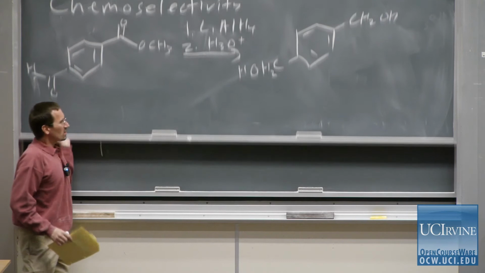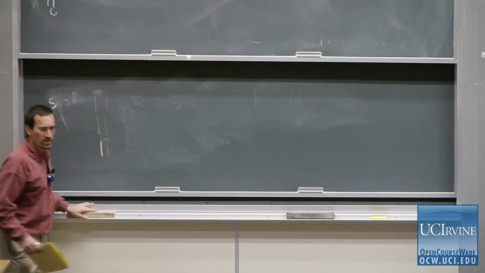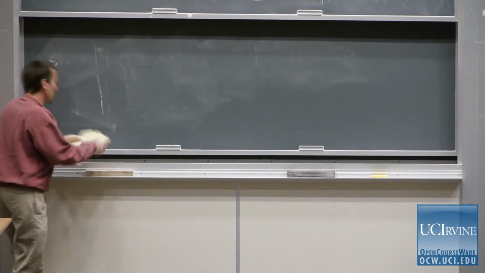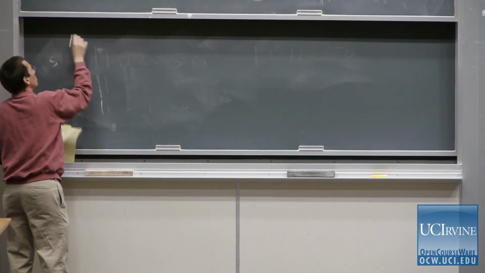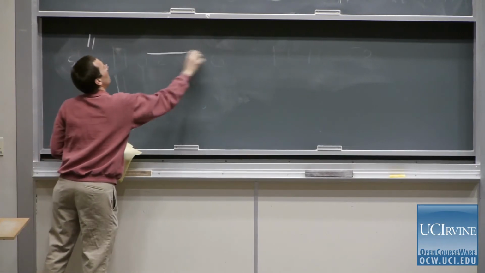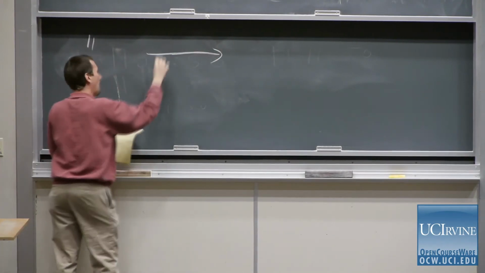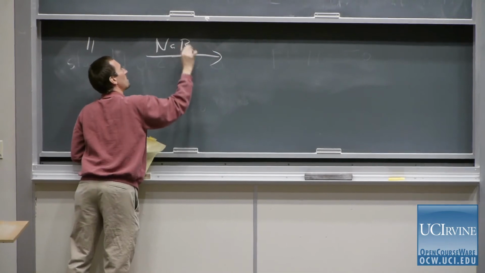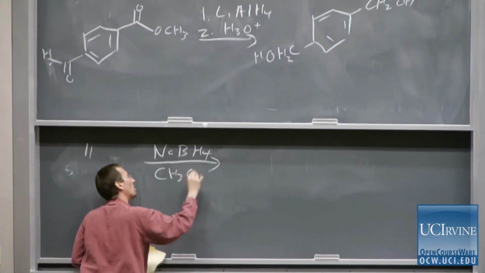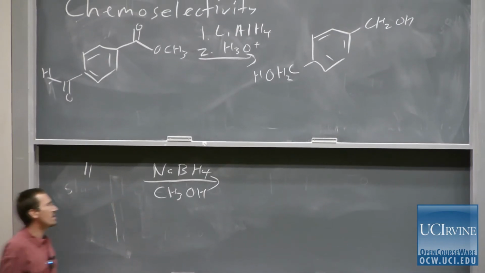Now, conversely, if we take a milder reducing agent like sodium borohydride, then we do get selectivity. So I'll just write a ditto mark for the reactant here, and then I'll write sodium borohydride. Typically, people use alcohol solvents like methanol for sodium borohydride reduction.